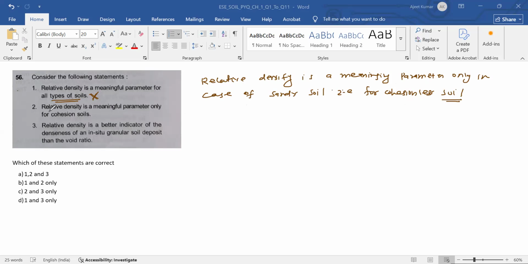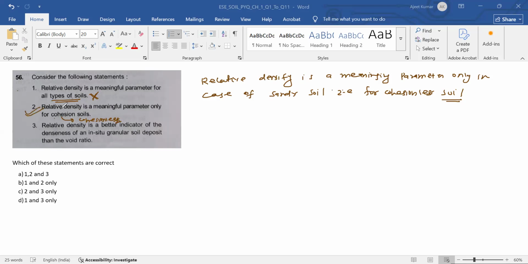Okay. Now statement 2 is: relative density is a meaningful parameter only for cohesive soil. This is not cohesive soil. This must be cohesionless in place of cohesive. Okay. So this statement is correct.